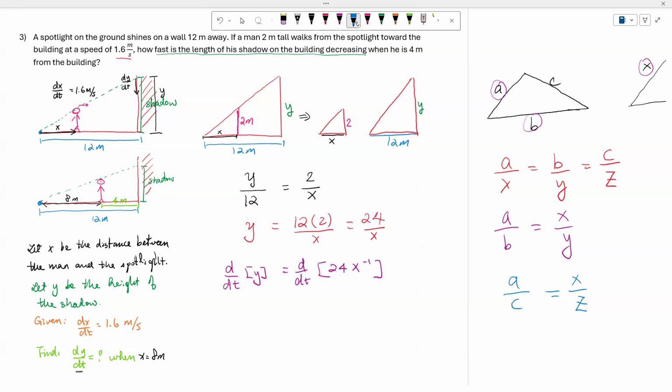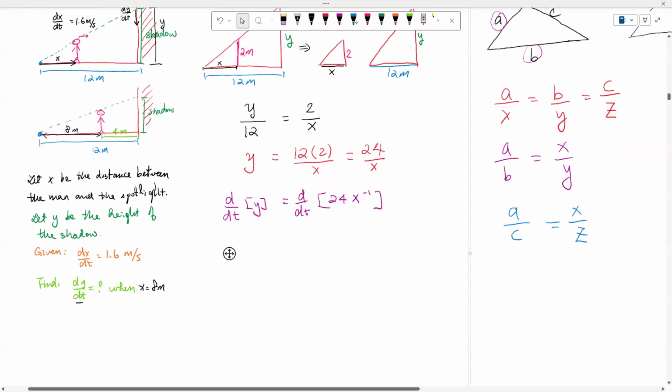We change 24 over x to 24 times x to the negative 1, because it is easier for me to take the derivative.